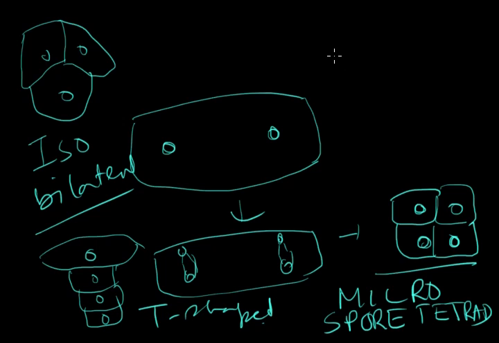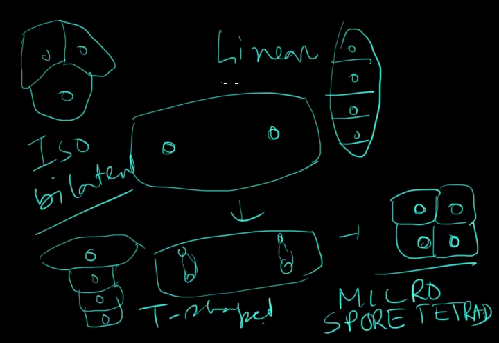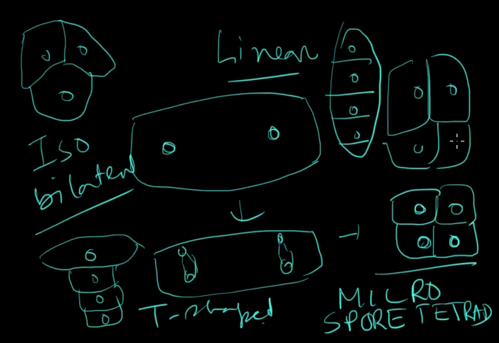This may be a design like this, which we call linear. Or this may be a design which you call isobilateral. So different shapes of pollens have been designated from this discussion.